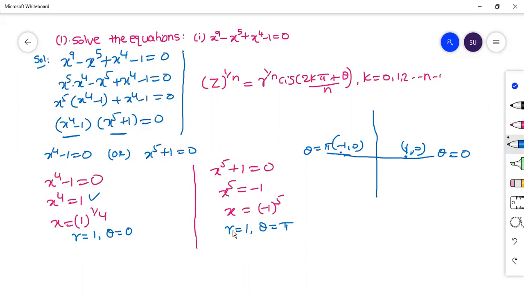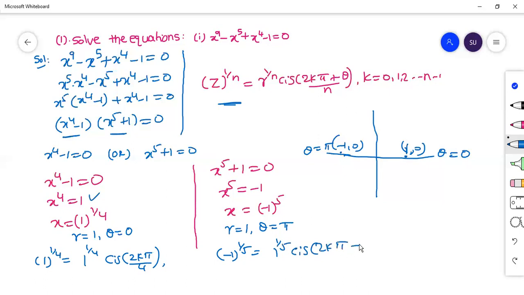Now let us use this formula. So 1 whole power 1/4 is equal to 1^(1/4) into cis of (2kπ + 0)/4, meaning nothing added. Here, (-1) whole power 1/5 is equal to 1^(1/5) cis of (2kπ + π)/5.